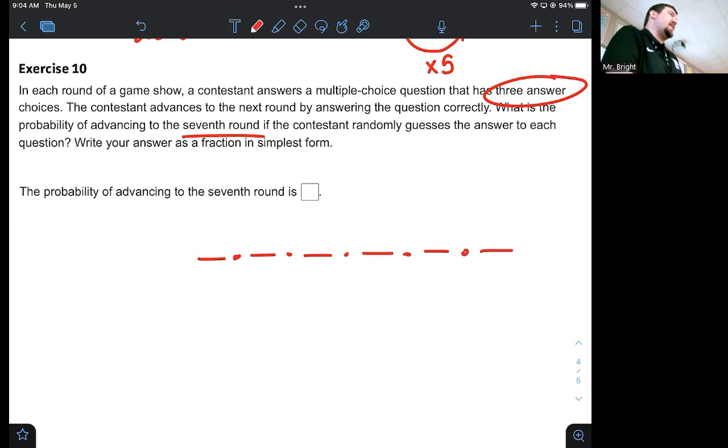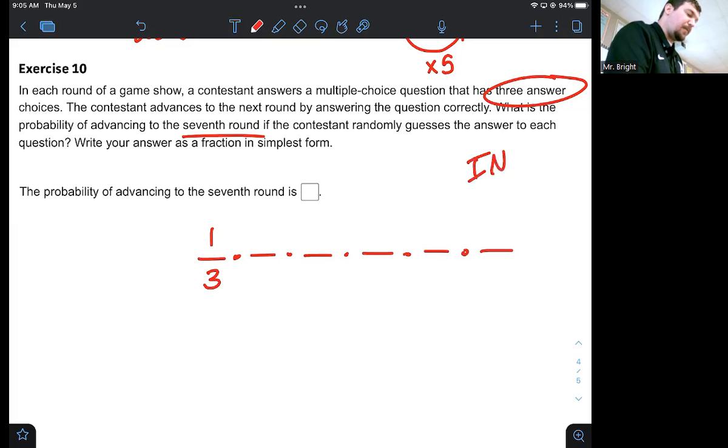What's the probability that I get the first answer right? 1 out of 3, it has 3 answer choices. Now, I know that I couldn't move on in the game if I got the first question wrong, but could I guess A on question 1 and still guess A on question 2? So is this independent or dependent? This is independent.